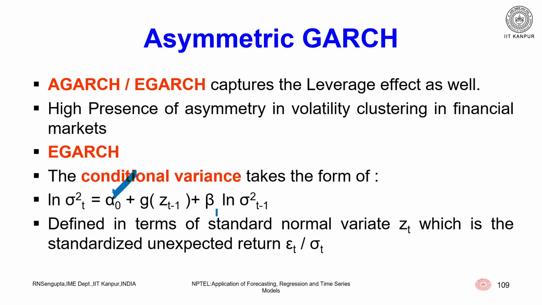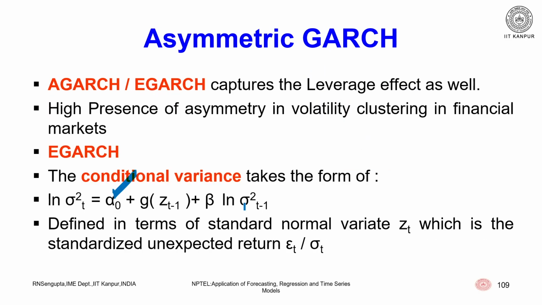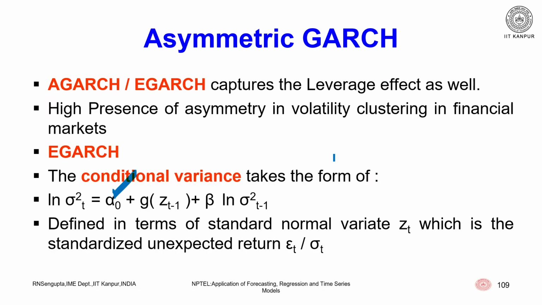The second part was basically based on the concept of autoregressive, that is being considered as it was without the log, there you have the logarithmic terms, and this function g is basically the standard normal variate of z, which is the standardized unexpected return based on epsilon t.